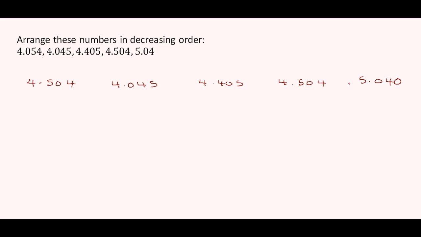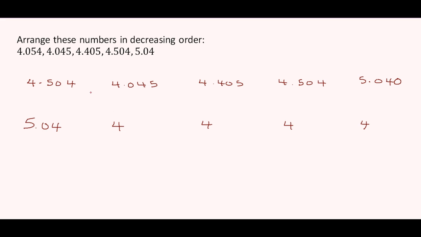So we're going in decreasing order. So I'm going to go with the largest first. So I have a 5 as the largest, and every other number starts with 4. So let's do that. We'll write 4 all over here. And because it's 5, there's only 1, so we write 5.04. Okay, now we go with the 4s.